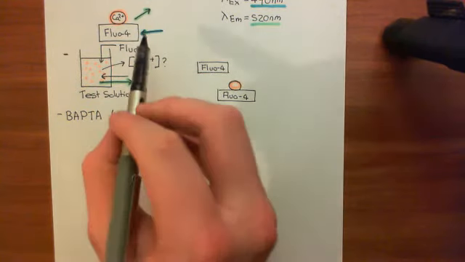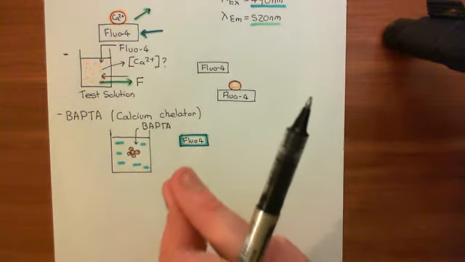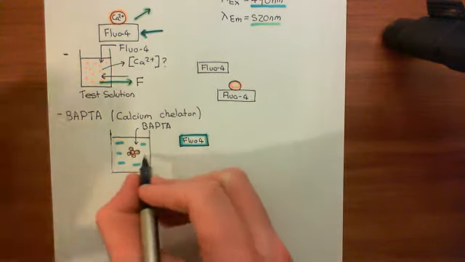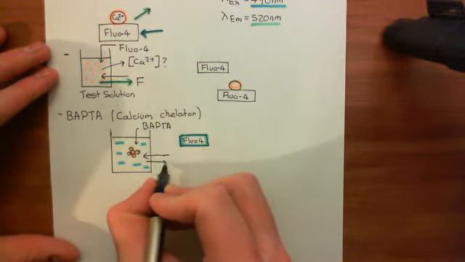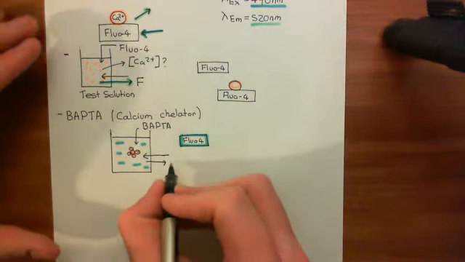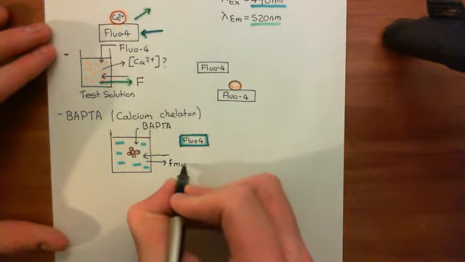So now when you shine the same intensity blue light on, which of course we can fix, you will get less green light coming back. That's the minimum fluorescence that you could possibly get. So this is F min, basically.